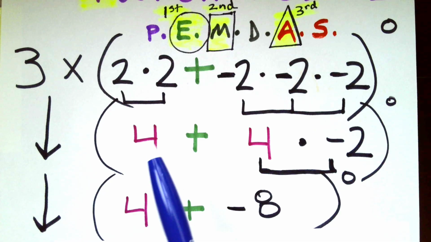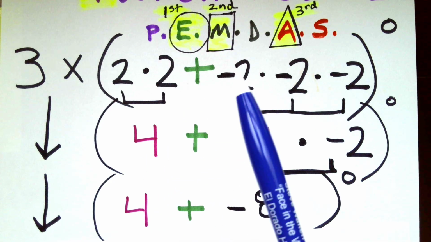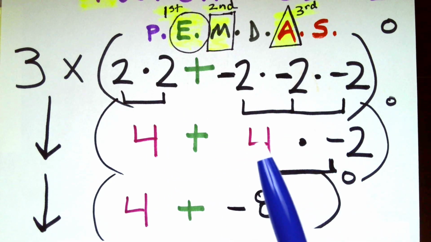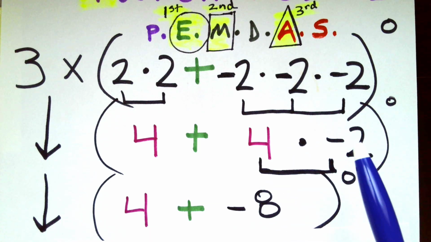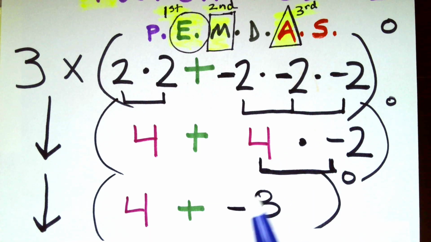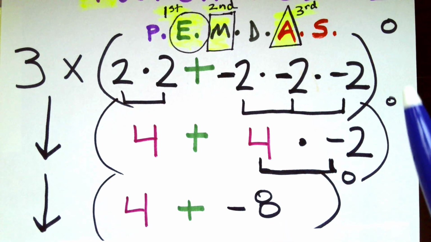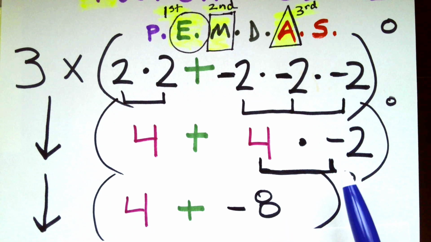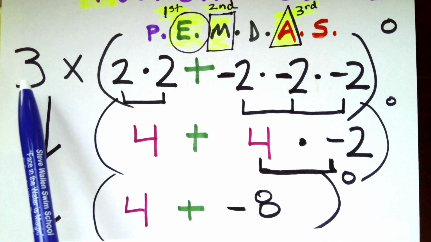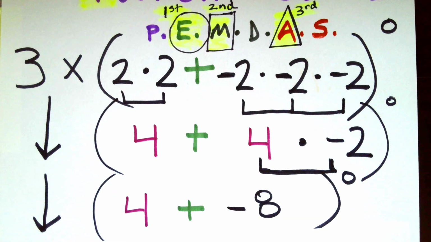So 2 times 2 is 4, plus negative 2 times a negative 2 is a positive 4. And when we multiply that, negative 2 times the positive 4, we get the negative 8. Don't forget, everything inside the parentheses is raised to the power of 0, and I'm bringing down the 3 and the multiplication symbol as I continue to simplify inside the parentheses.